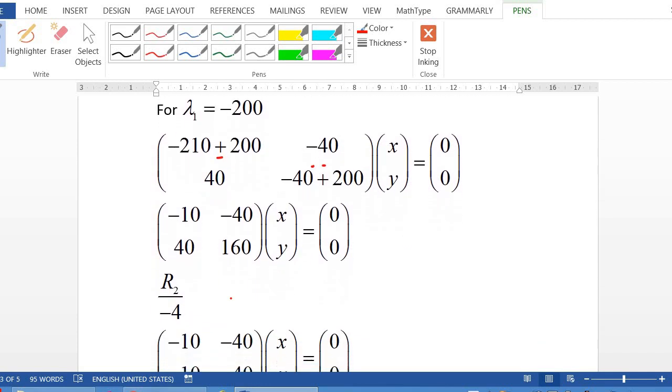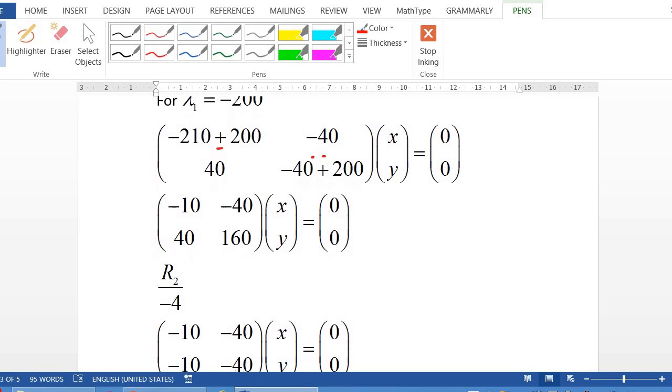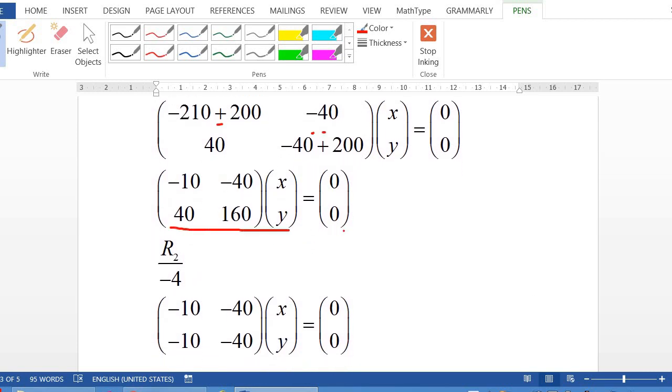You notice that both rows here are equivalent, or you can divide equation 2 by negative 4. You divide the whole equation by negative 4, then we get negative 10, and this will be negative 40.